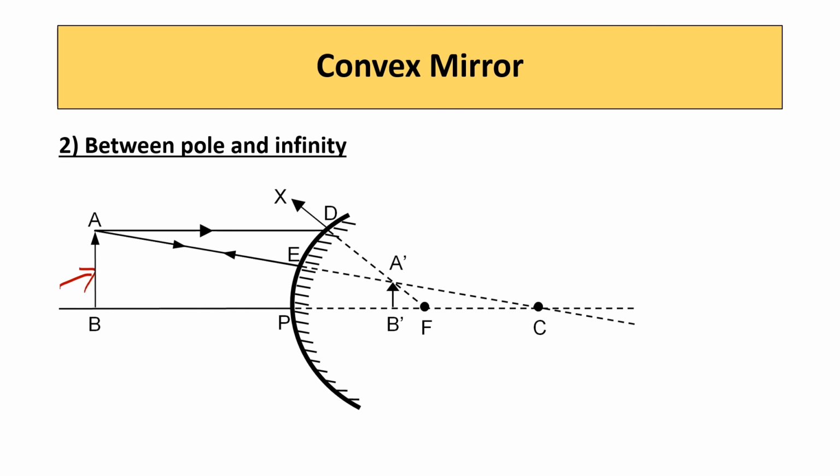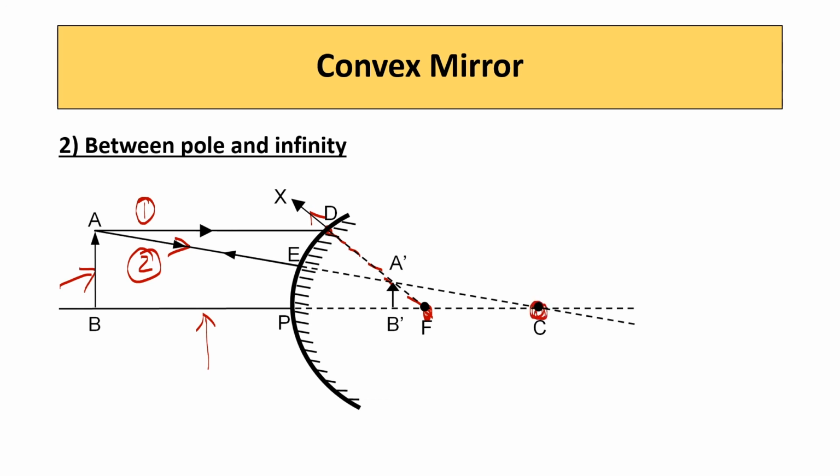You have two rays. Say this is ray 1 and this be ray 2. Ray 1 is parallel to this principal axis. Therefore, after reflection, this should pass through focus. This is the focus. What about ray 2? It passes through the center of curvature.